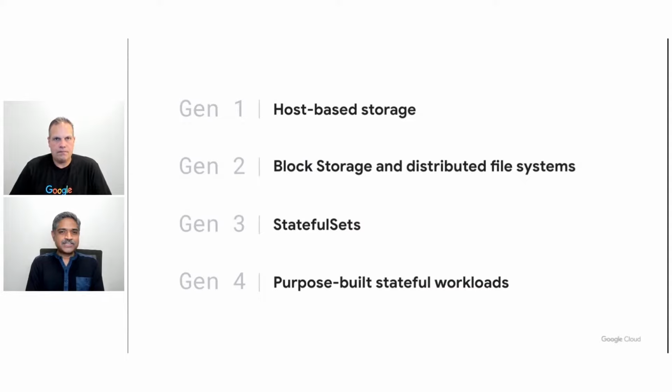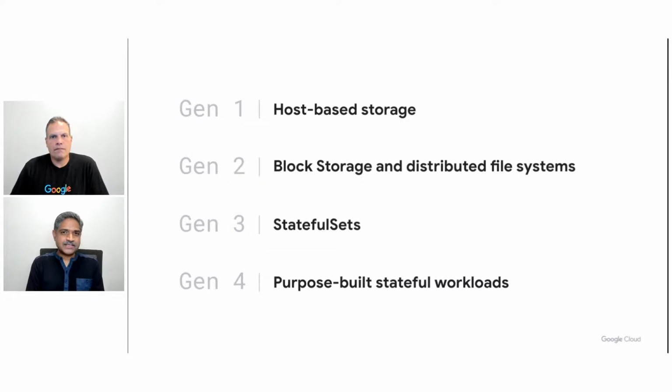So the first generation of stateful workloads on Kubernetes depended on host-based storage, things like empty dir and host path, which are, by the way, discouraged today because of various reasons. But that was the first generation of stateful workloads, taking advantage of the host-based storage. The second generation started to evolve in two different directions.